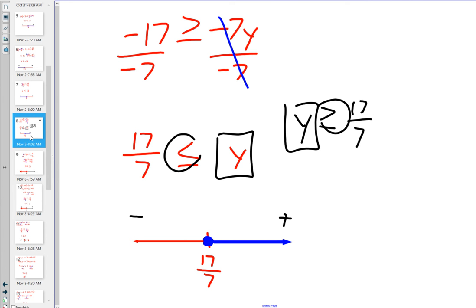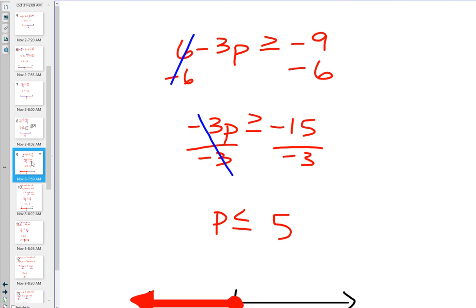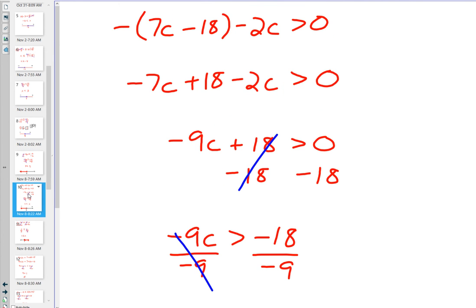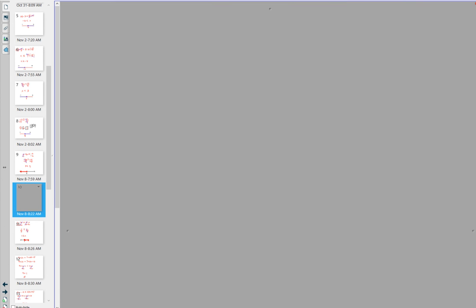Yeah, because I divided a negative by a negative and it became positive. Over here, well, you did divide a negative by a negative. Okay, and it's positive.